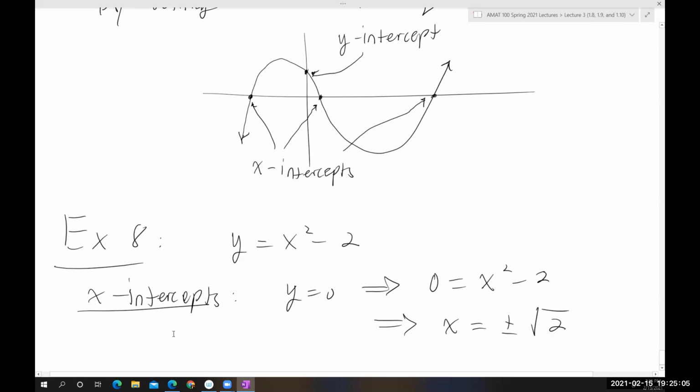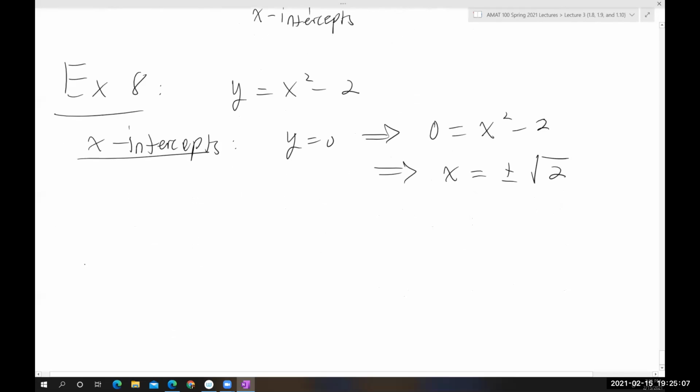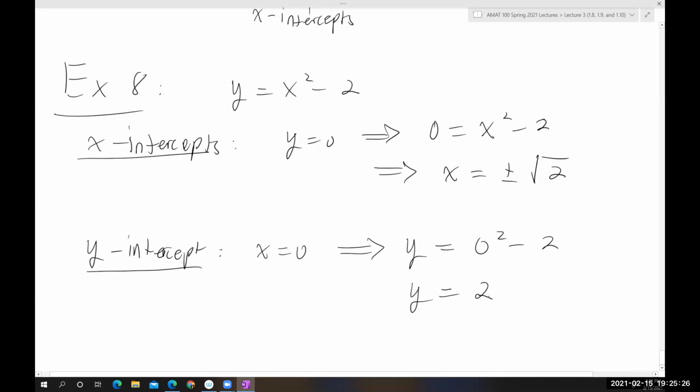Those will be the x-intercepts. And the y-intercept is actually just going to be a single y-intercept. The y-intercept is obtained by setting x equal to 0. And when you do that, you get y is equal to 0 squared minus 2, which is just the same thing as y is equal to negative 2.